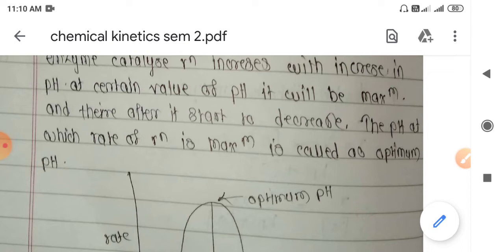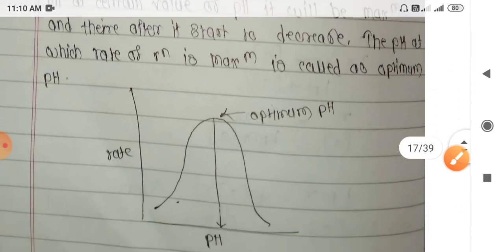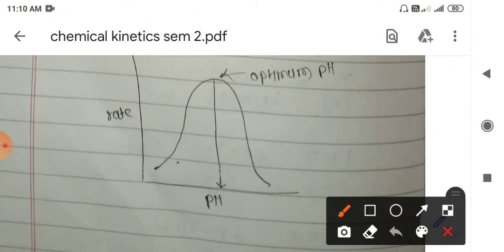So we have a particular pH value where the rate is maximum. The pH at which the rate of reaction is maximum is called the optimum pH of the given enzyme for the given reaction.